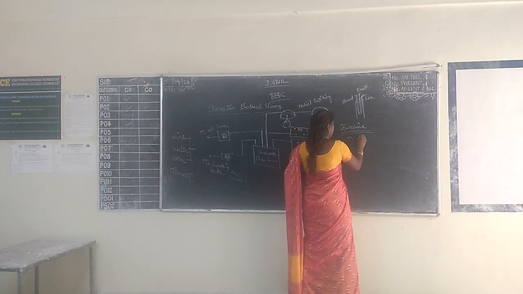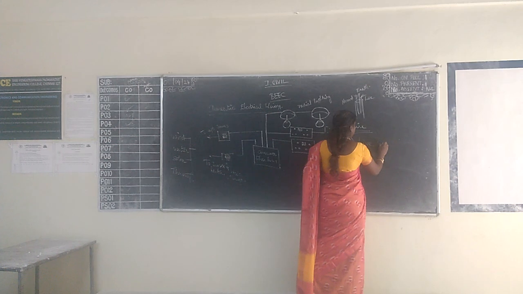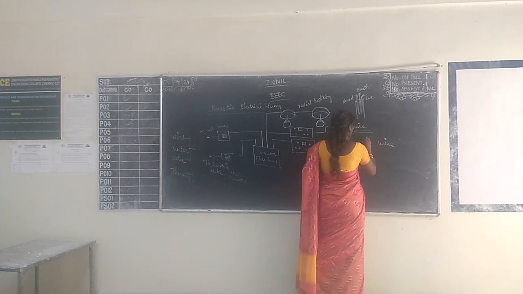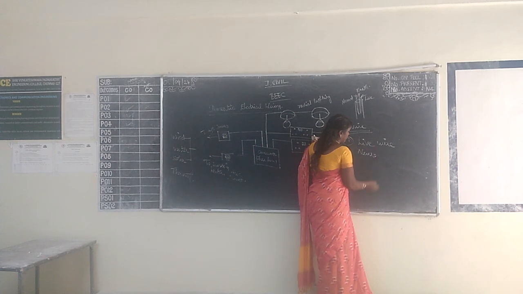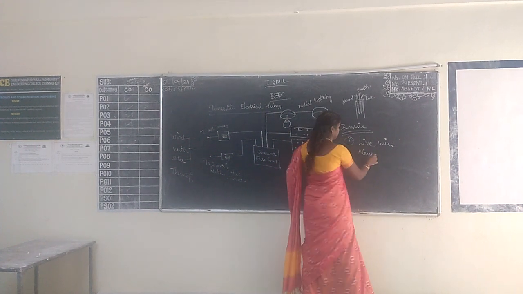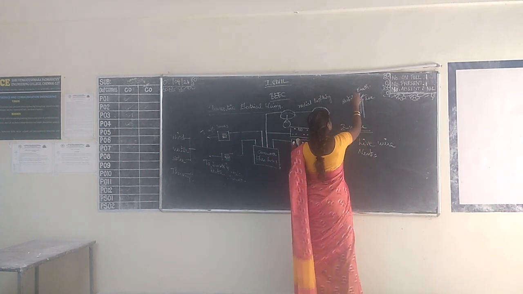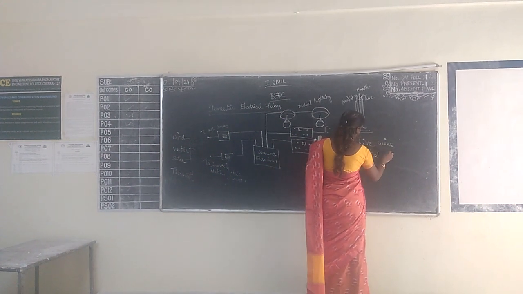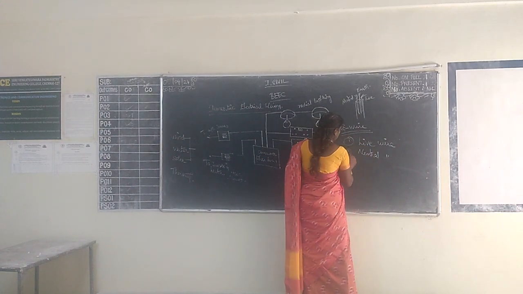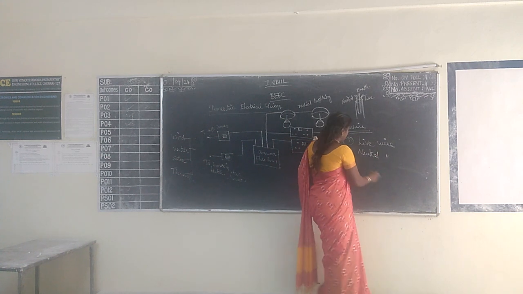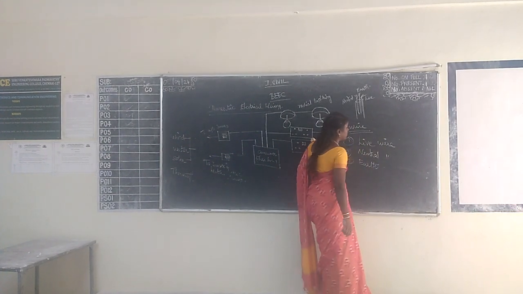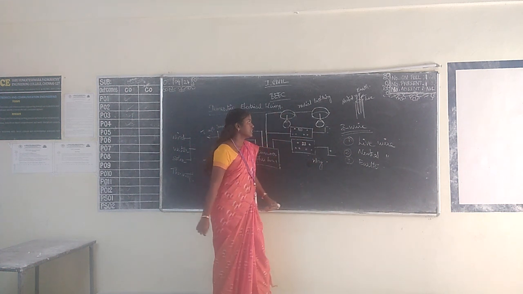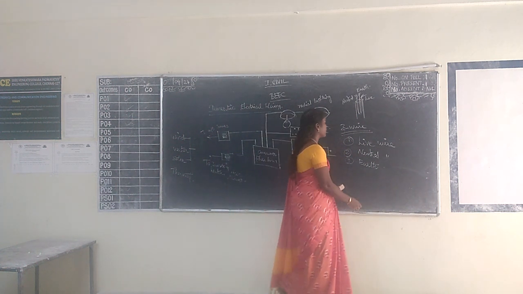What are they? One is the live, then neutral, and then the third one is the earth. That's the 3 sets of wire.